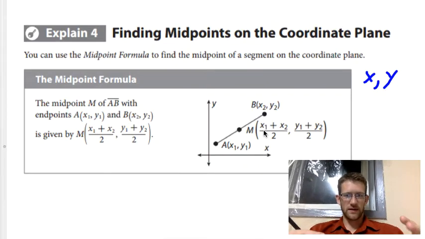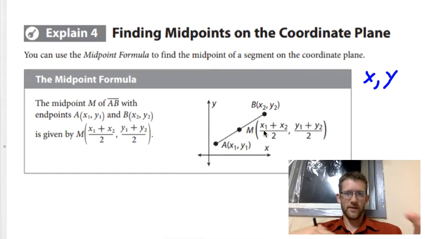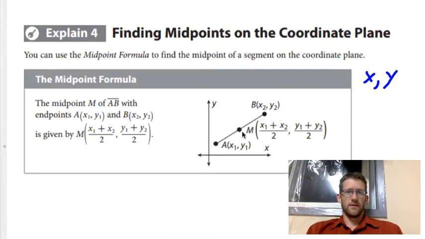So I'm taking some things, adding them together, and then dividing by the number of things I added together. What's that called? Well, it's called the average, right? That's how I remember this midpoint formula: the new x value, so the x value of point M, the midpoint, is simply the average of the two x's.